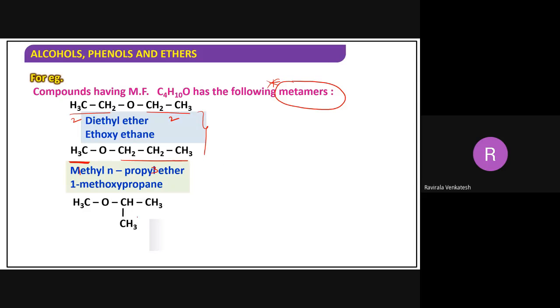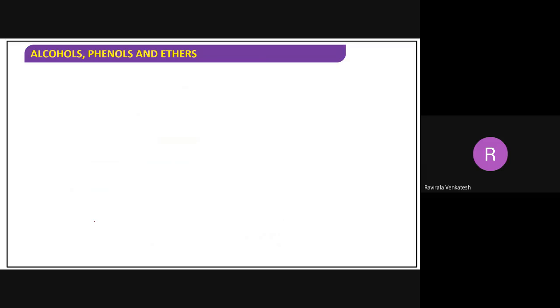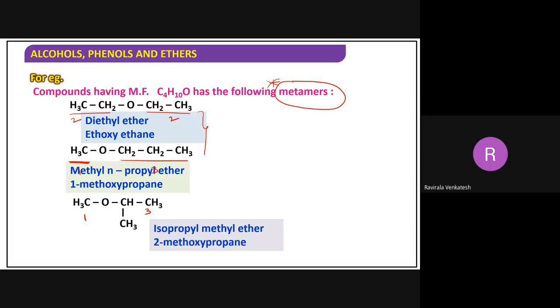What about this one? It has 1 carbon and 3 carbons. Now if you observe, these 2 will definitely be metamers, and these 2 must be metamers.